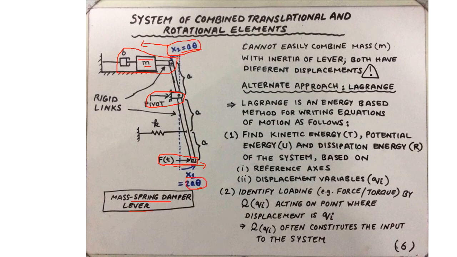So in this case, we are going to refer to a new technique known as Lagrange's method. Lagrange is basically an energy-based method for writing the equations of motion. What this means is that we primarily deal with the energy of the system, which can be further decomposed into component energies such as kinetic energy, potential energy, and the dissipation energy.